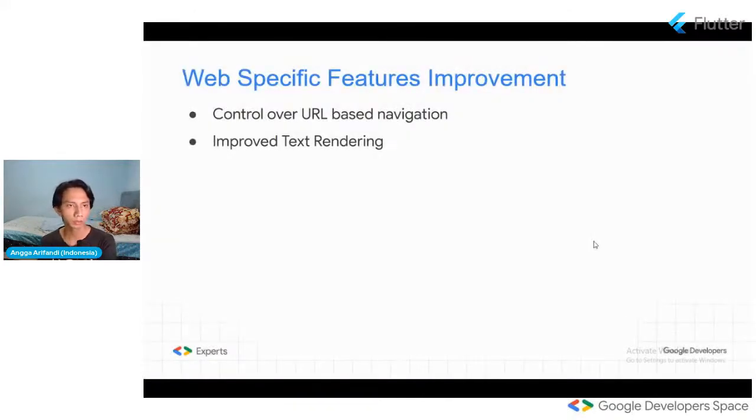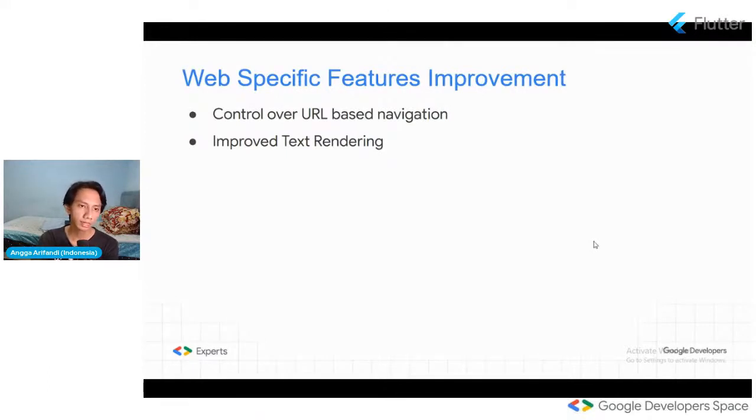And then there are also web-specific feature improvements. First, now we have control over URL-based navigation. If you're pretty familiar with Flutter Web, previously there was always a hashtag at the end of the URL in your Flutter Web projects. Now you can basically control all of that. If you want to change the URL, you can do that as well.